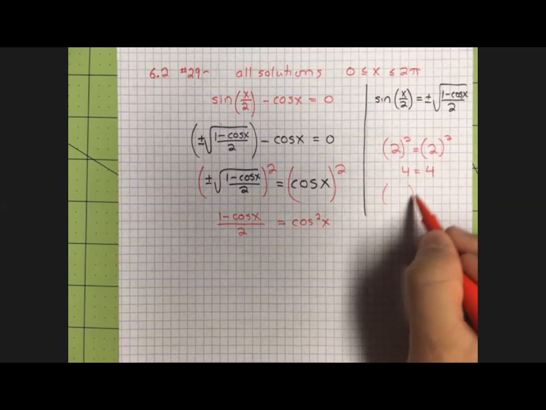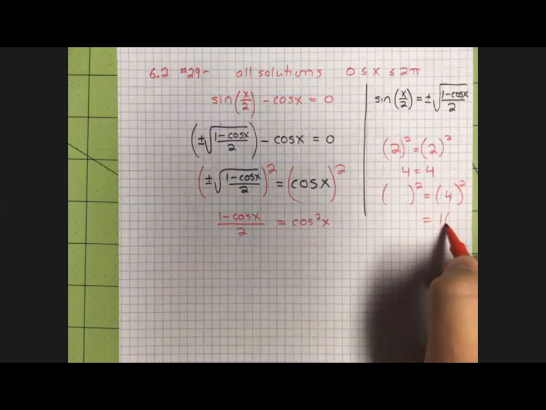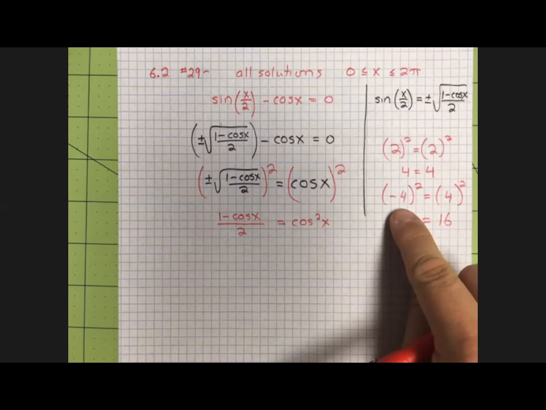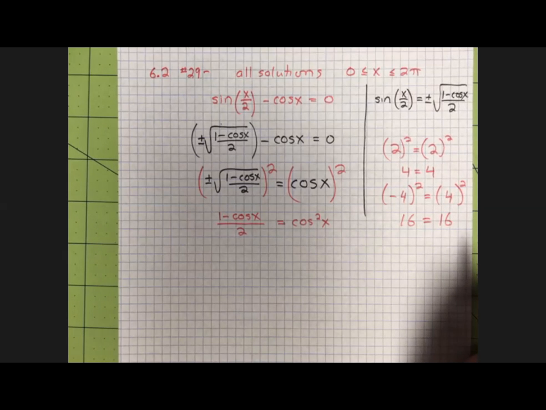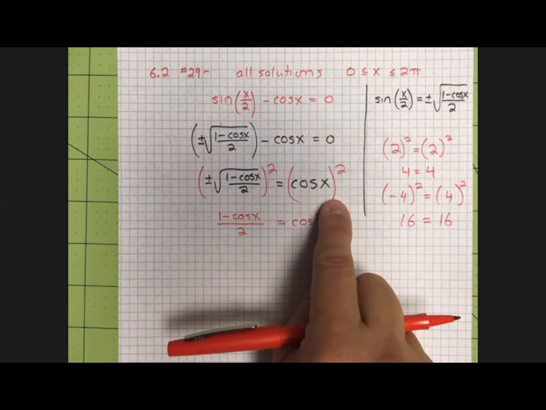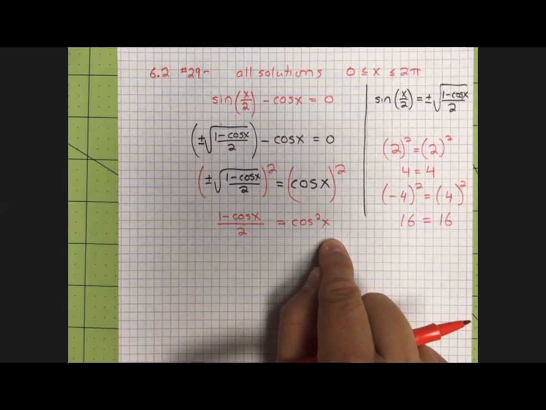But sometimes you could square two things that aren't equal, and after you square them, they look equal. So by squaring both sides, you could take something that's false and turn it into something that's true. So when you square both sides of an equation, you may create false answers. That's what we're going to have to look out for.